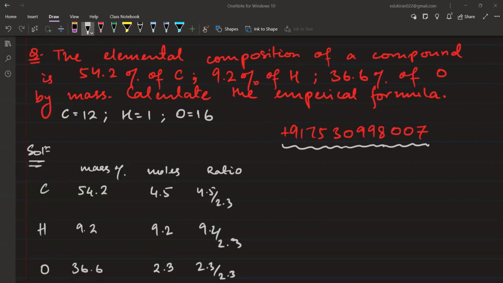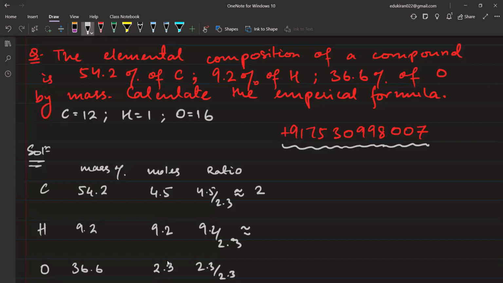Okay, so yes, good evening. I think this is Arisha. Arisha, send me whatever you have done till now. So 4.5 divided by 2.3 will be approximately equal to 2. Twice of 2.3 will be 4.6, but approximately we can say that.